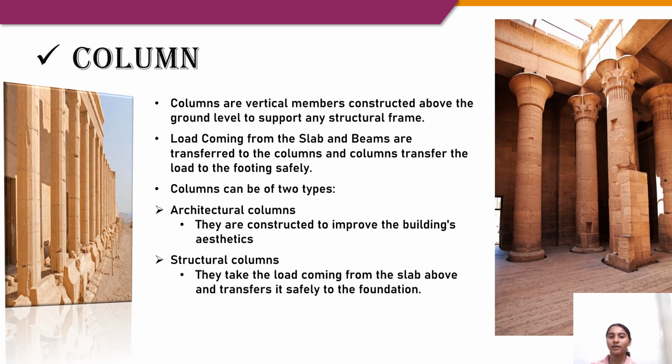First one is the architectural columns and the second one is the structural columns. Architectural columns are constructed to improve the building's aesthetics, and the structural columns take the load coming from the slab above and transfer it safely to the foundation. This is about column.